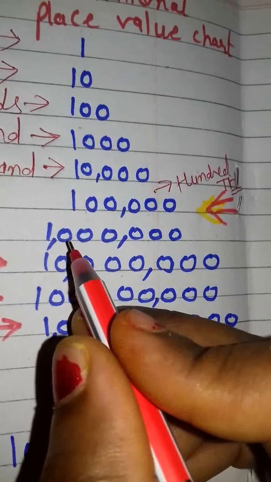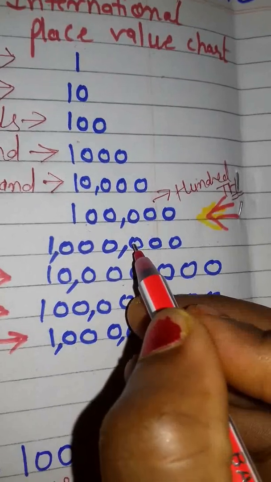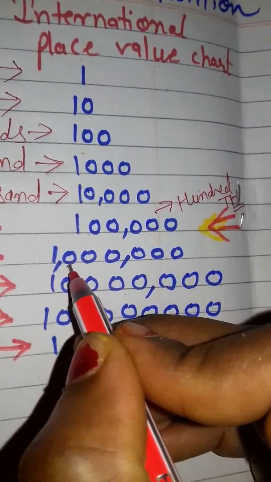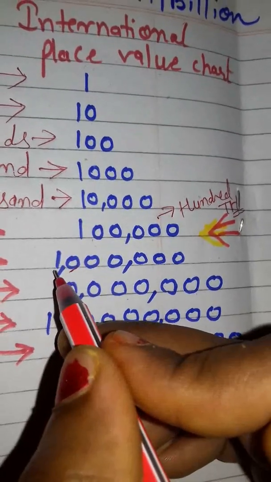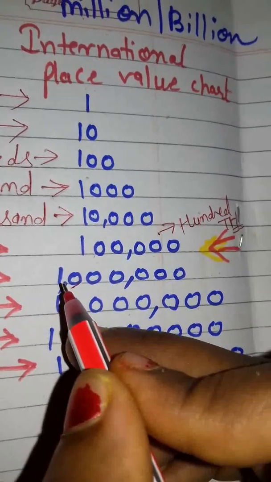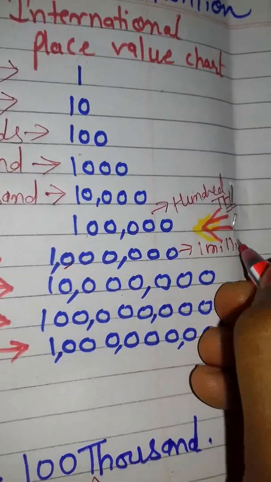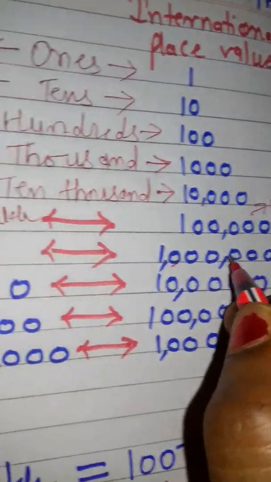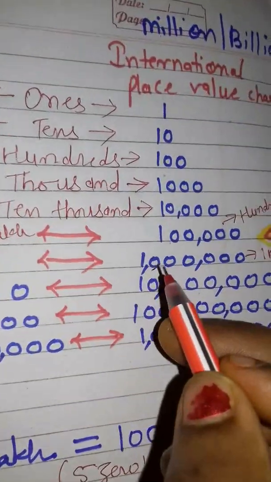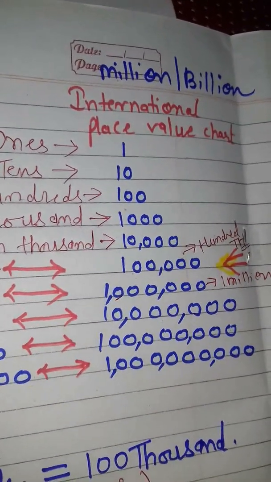So how we will read this 10 lakh according to international place value system? Let us see. Ones, tens, 100, 1000, 10,000, 100,000. After 100,000, the next period is of million. So it is 1 million. So we will write it as 1 million. So what you have understood from this? That 10 lakh is equal to 1 million according to international place value system.